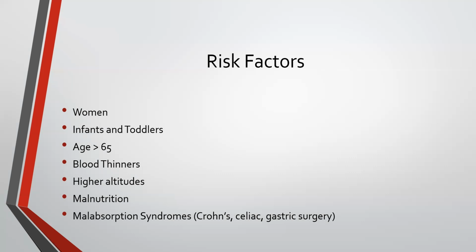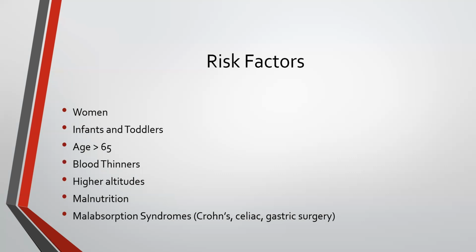Of course, our people over the age of 65, I feel like those are risk factors for any disease or disorder, but over the age of 65, they tend to have a poor diet, poor intake, and they also have chronic disease processes that feed into their ability not only to absorb nutrients, but also to produce new red blood cells. Of course, when we're on blood thinners, because the blood thinners put us at higher risk for bleeding, therefore higher risk for anemia. Higher altitudes, there are low partial pressures of oxygen.